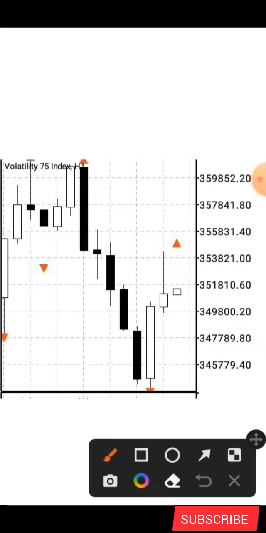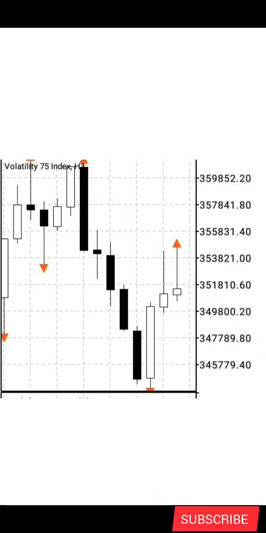You can see this was a bearish candle, and then the next one that formed is bigger and longer than the previous bearish candle. And it must be green or white before taking an entry. If it's black and it's bigger than the previous black one, that doesn't count. It must be white, and it must be longer than the previous one.